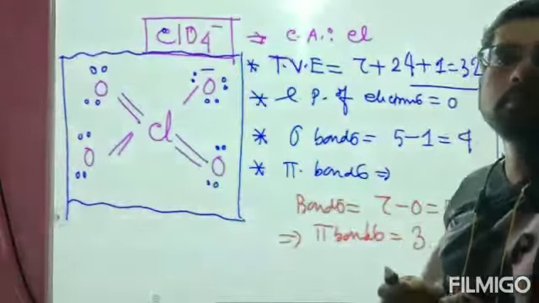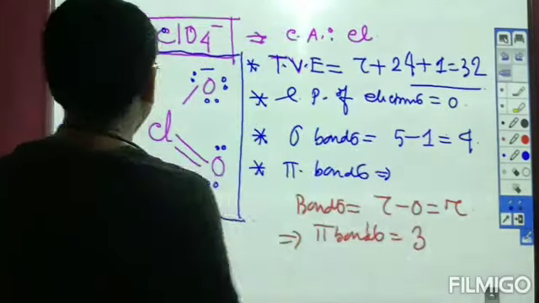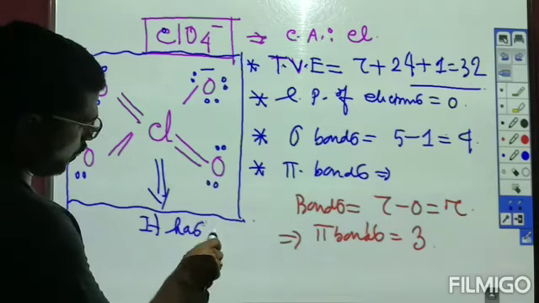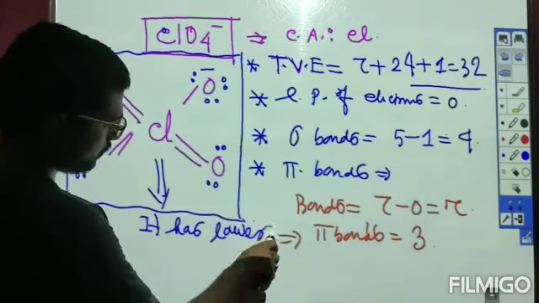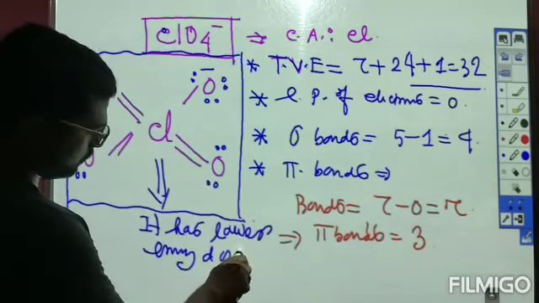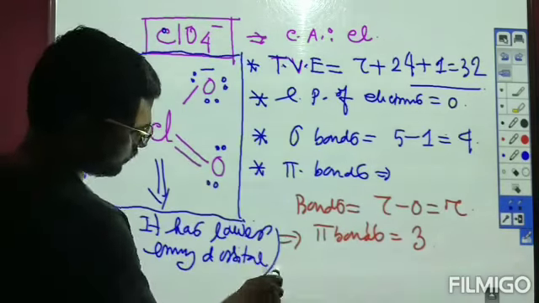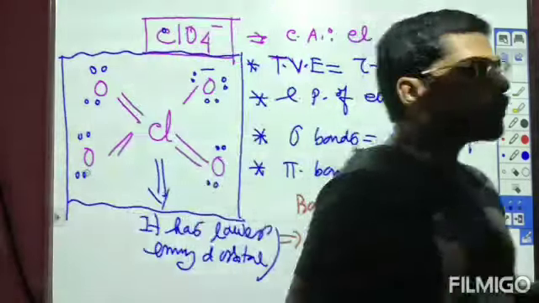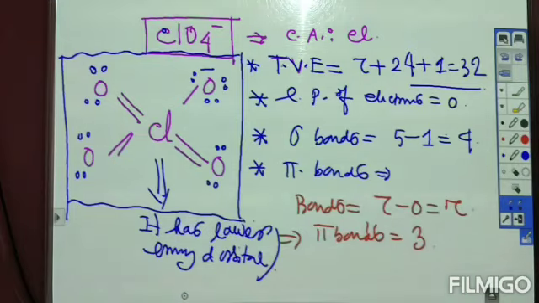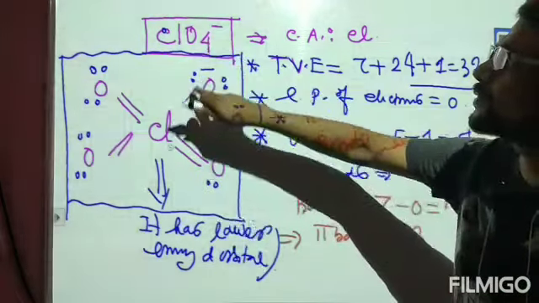No problem. It has d orbital, it has lower energy d orbital, so it will have max expanded octet. So this is the Lewis structure of ClO4 minus.